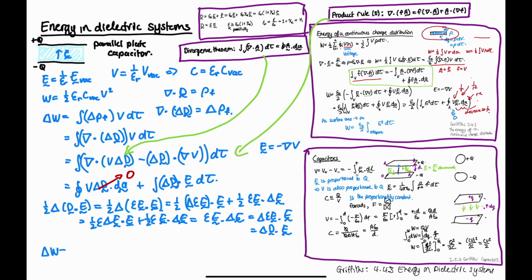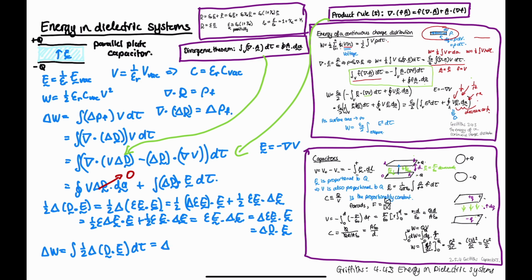work done on moving this little increment here of free charge into place in our dielectric is given by the integral of a half delta D dot E d tau, and because everything else here is just a constant, and we're just integrating, we can move this delta out the front.